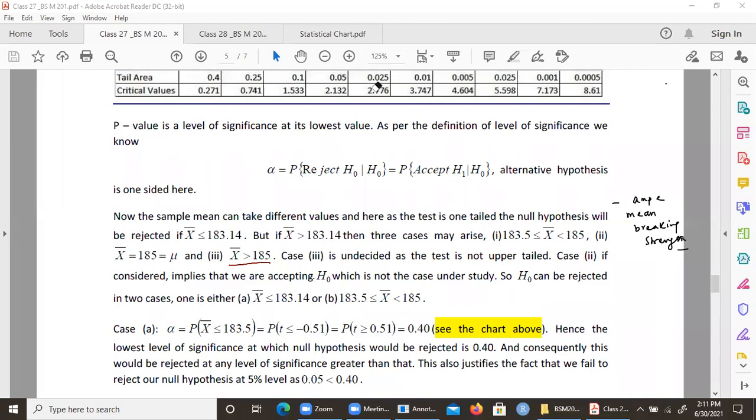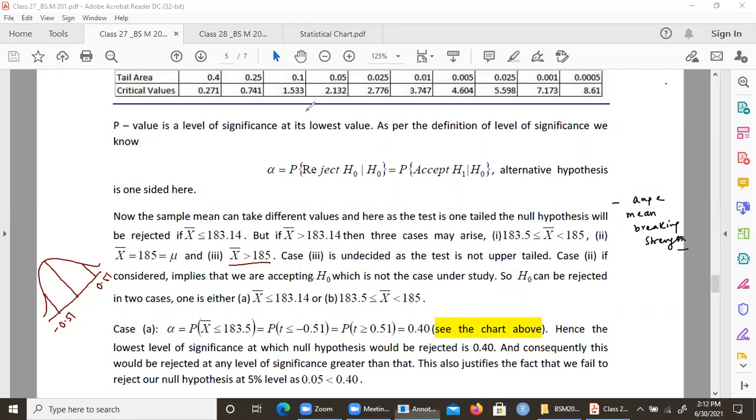Now, if I draw the T statistic once again, suppose this point is minus 0.51 and this point is plus 0.51, and you know the T statistic behaves like the normal curve. So the probability that T is less than or equal to minus 0.51 is exactly similar to the probability that T is greater than or equal to 0.51.